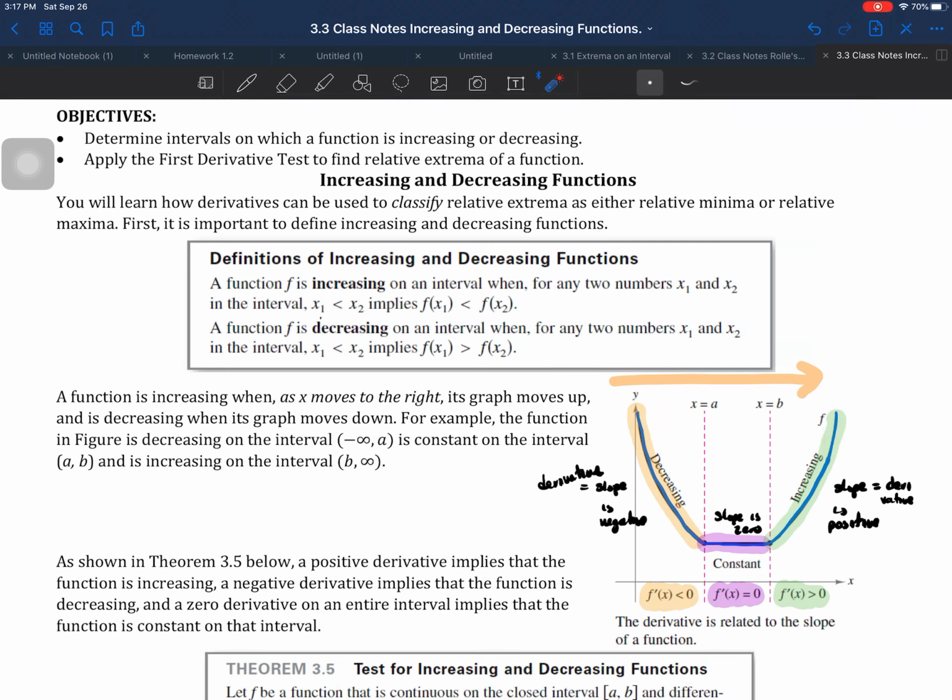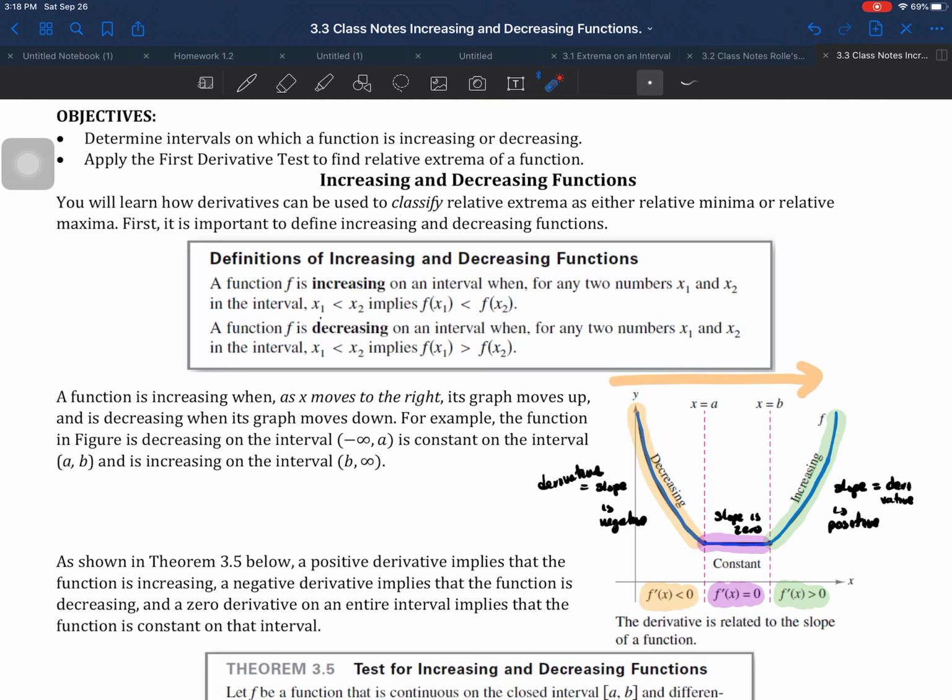So in that case, the function is increasing. Pretty much, if you go from left to right and the function is making you go down, that's decreasing. If the function is making you go up, then the function is increasing. Again, it's from left to right. If the function happens to be horizontal, then the function is constant. It doesn't change; it's still the same value.